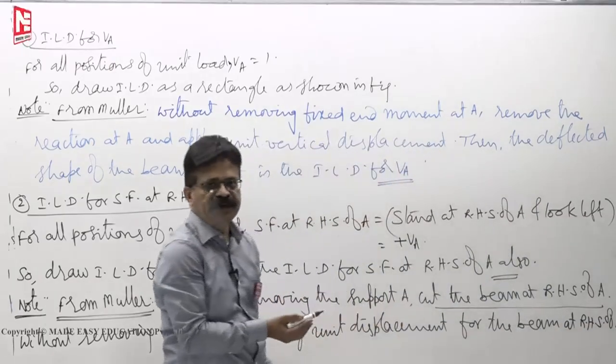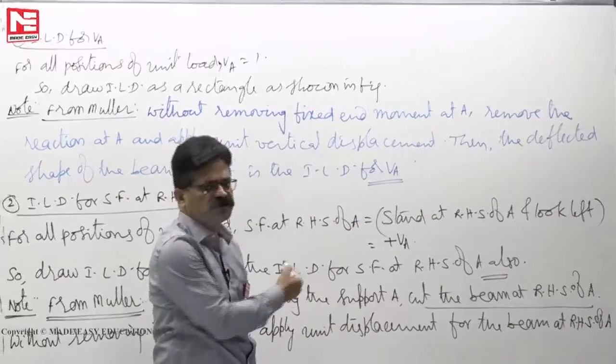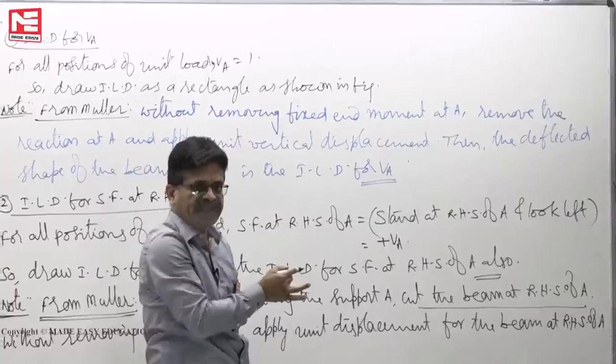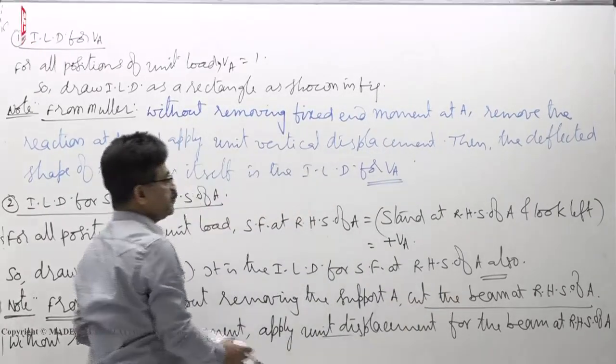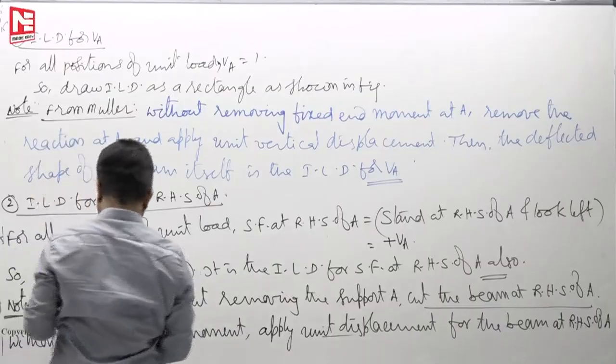The left beam is not moving, the left side of the cut section, so don't force it to rotate or to translate. So, you have only this choice, apply unit displacement for the beam at RHS of A.